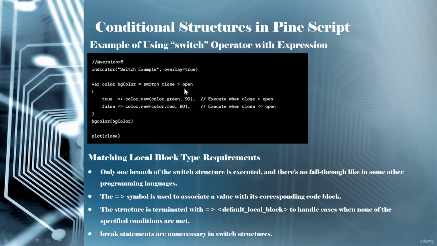If the close bigger than open condition is false, then it will find the false value and the corresponding color will be returned, which is red color in this case, and assigned to the background color variable. So this is how the switch operator works with expression.